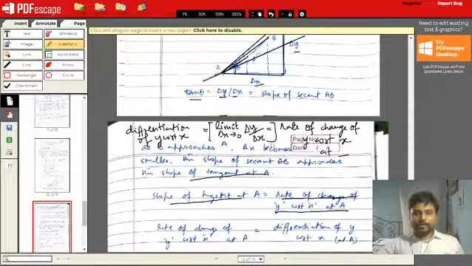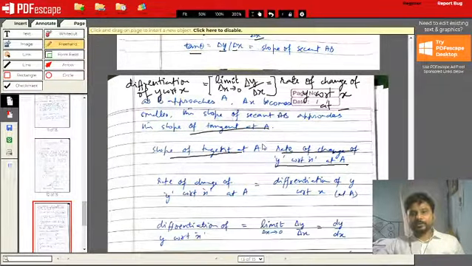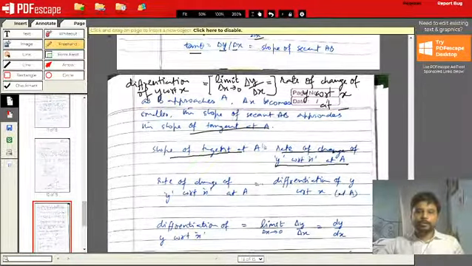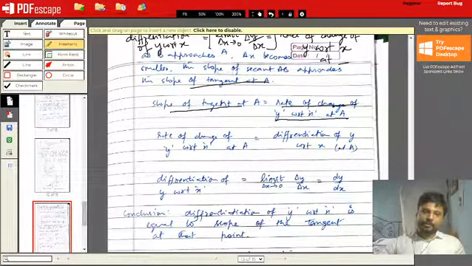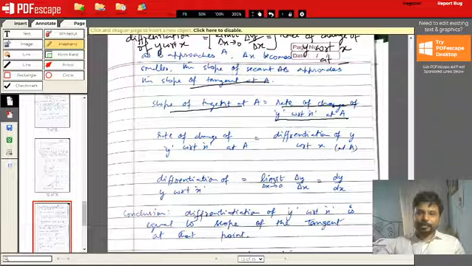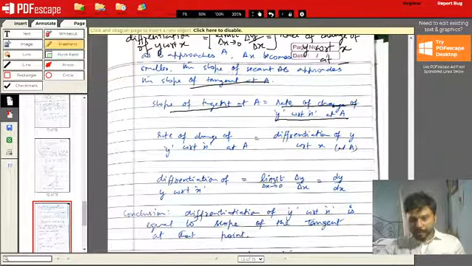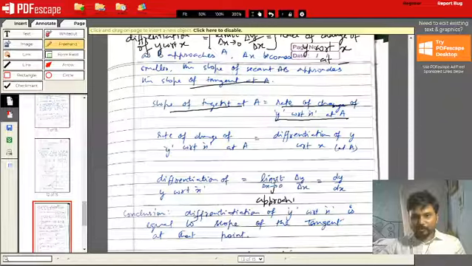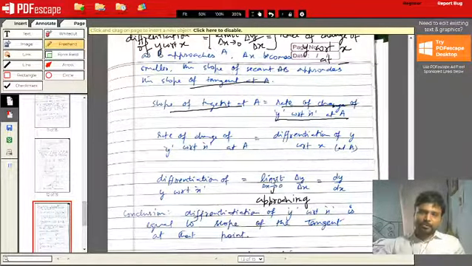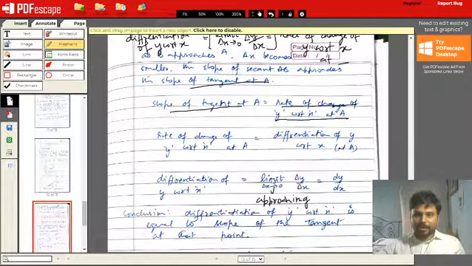So how do we write this expression in short? That is written here. To write differentiation of y with respect to x, limit delta x approaching 0, this symbol means approaching. So we shorten this delta term.